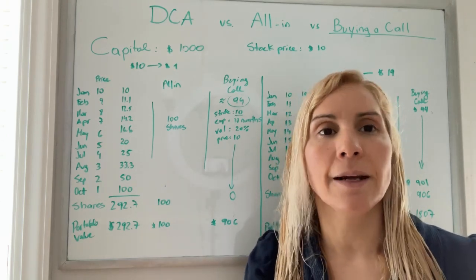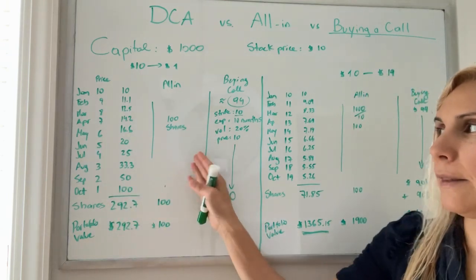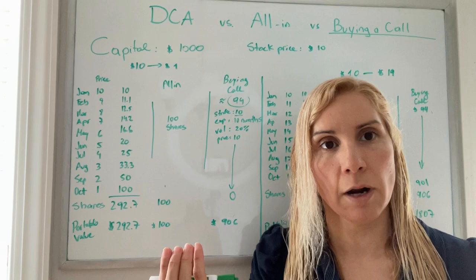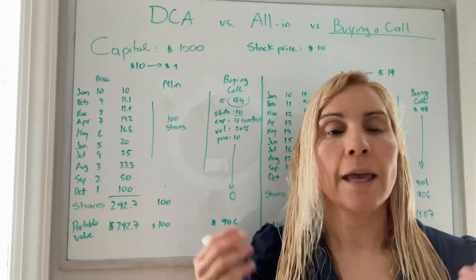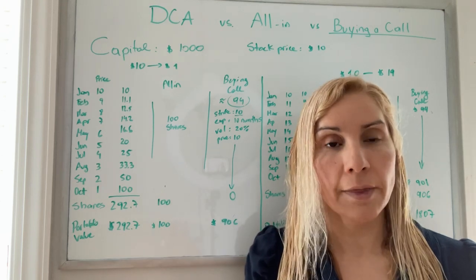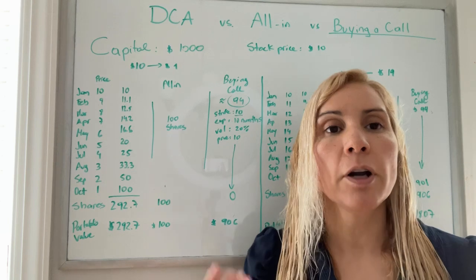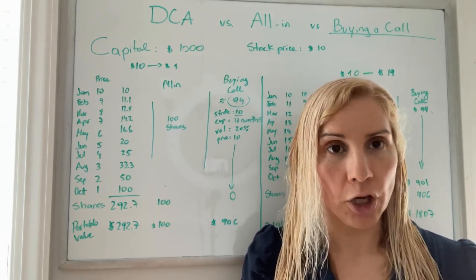Now, let's say that instead of doing the DCA route, we went all in. That means that at the beginning, when we had that $1,000 in our portfolio, we went all in. We purchased shares at $10. That was the price that they were trading at the beginning. And for that amount of money, we were able to buy 100 shares.